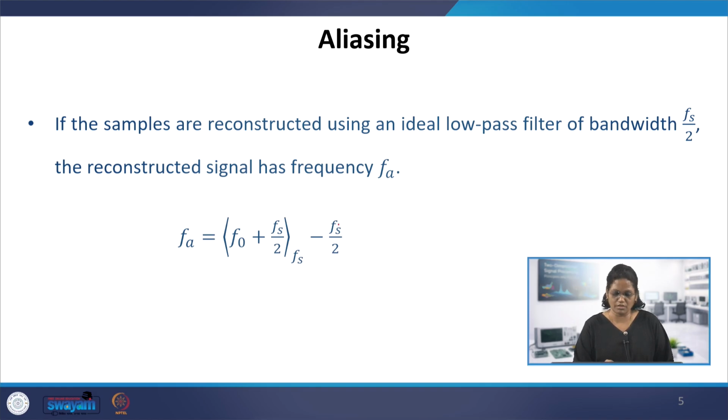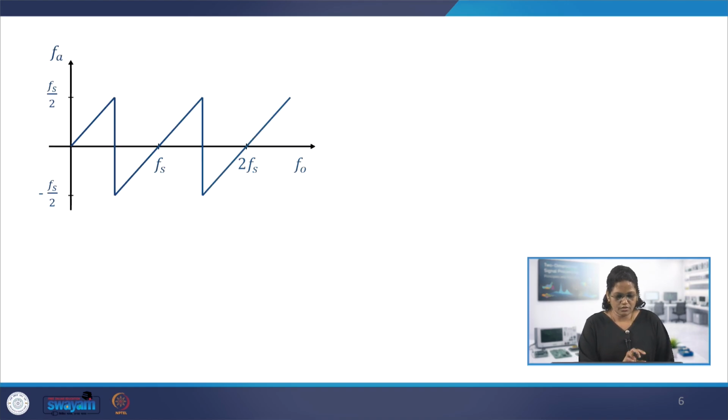Fs is the sampling frequency used, and Fs by 2 is the folding frequency which we had seen in the spectrum. So, if we take the multiple folding of the spectrum, we plot the frequency F0 that we used here against the apparent frequency, and for us this folding frequency is important, that is Fs by 2, and this is minus Fs by 2.